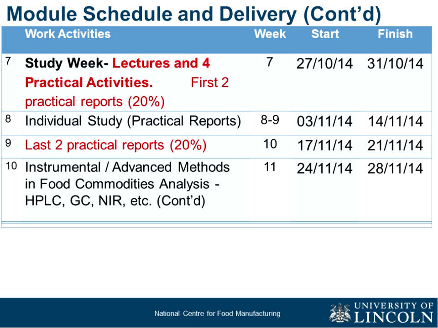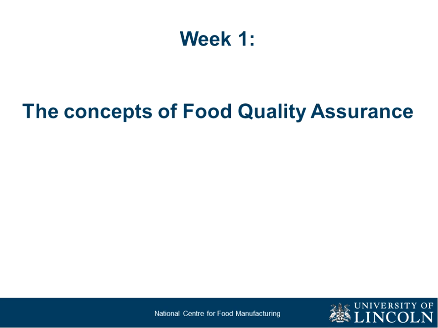And again in week 10, you did your last 2 practical reports. Then in week 11 we have the advanced method in food commodity analysis, where we did some calculation using calibration curve for HPLC.